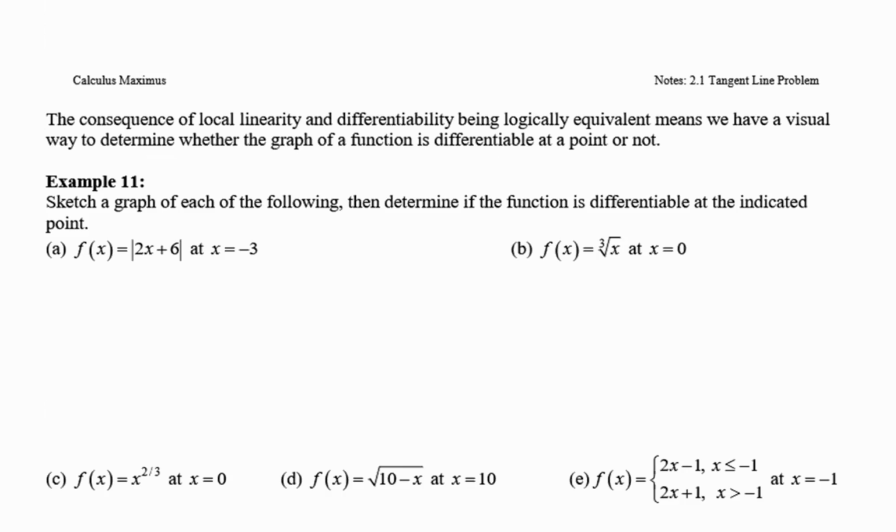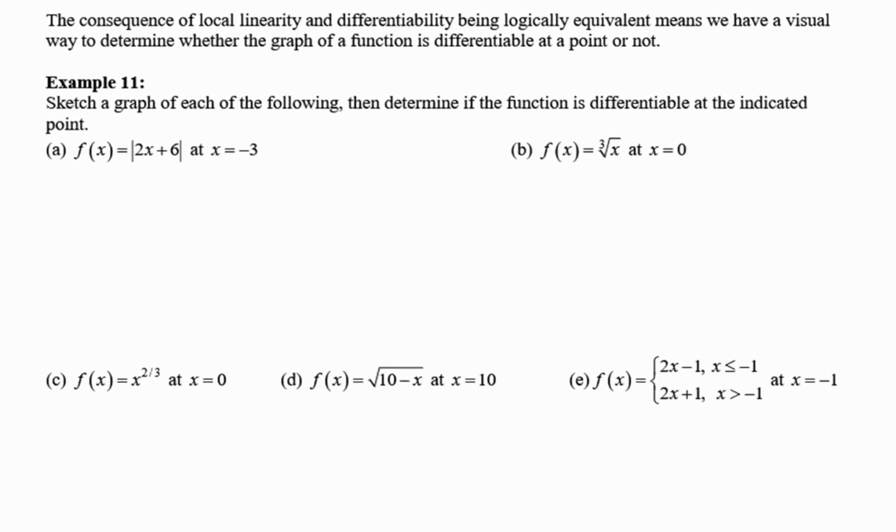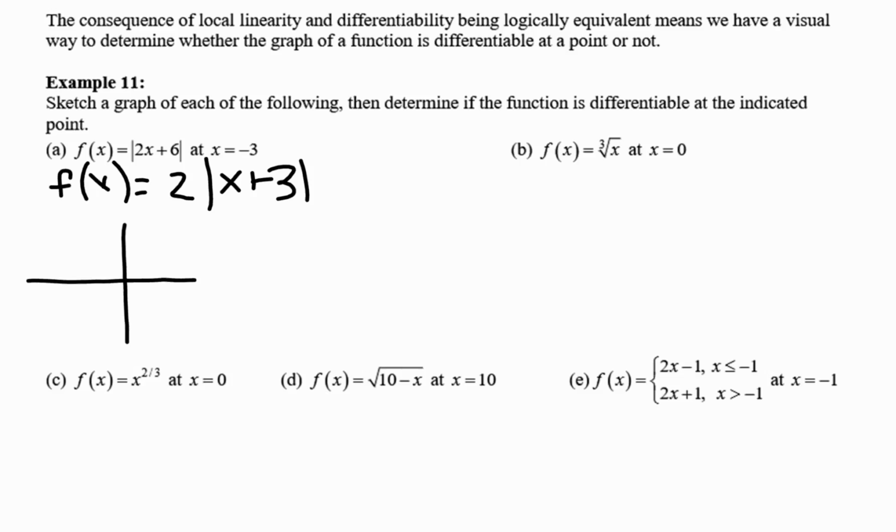Example 11, sketch a graph of each of these, and then we'll determine whether it's differentiable at the given point. If you would like to rewrite this, we could rewrite it as this. So now it's in our standard transformation form. It's easy to see that it was moved. Our parent function of absolute value of x was moved to the left 3, and it has been stretched a little by a factor of 2.